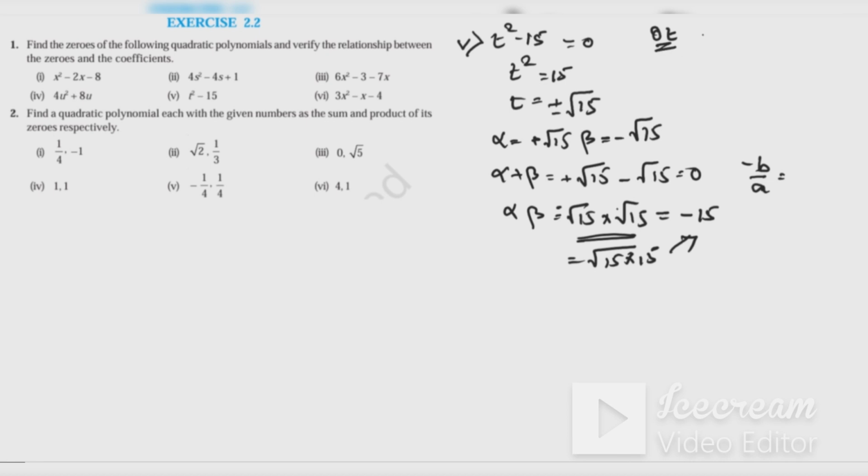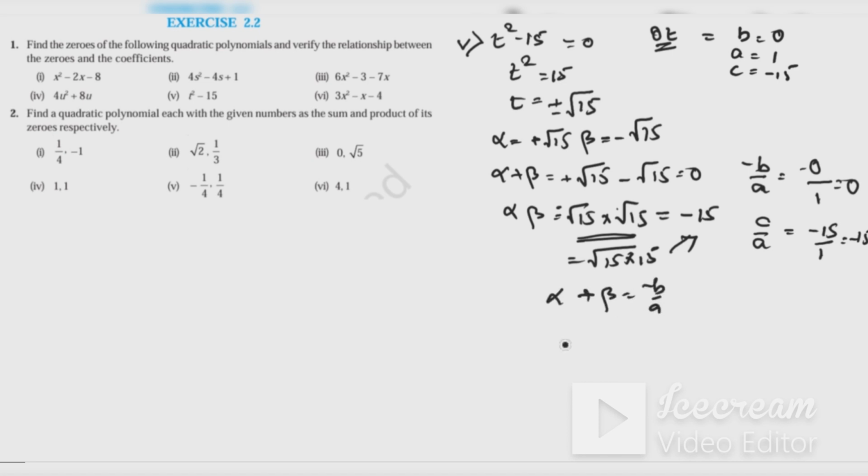Coefficient of t is 0, hence the value of b is 0. a is equal to 1 and c is equal to minus 15. Minus b by a is 0 by 1, which is equal to 0. And what is c by a? c by a is equal to minus 15 by 1, which is equal to minus 15. Hence, I have alpha plus beta is equal to minus b by a and alpha beta is equal to c by a.